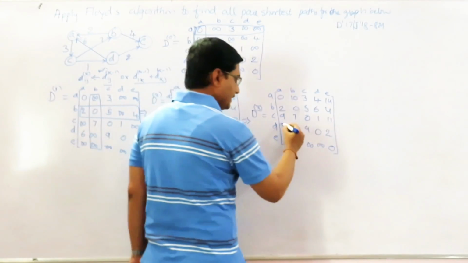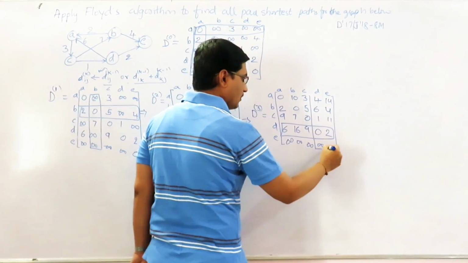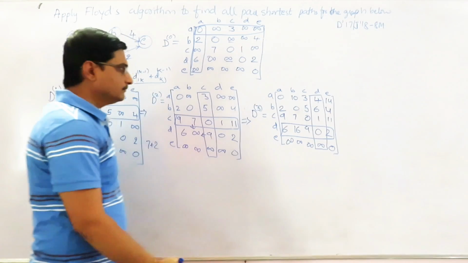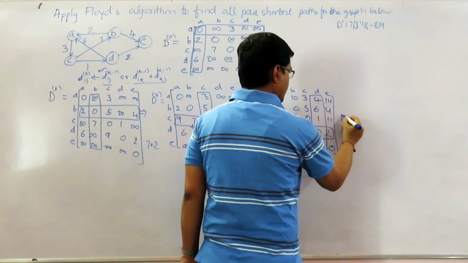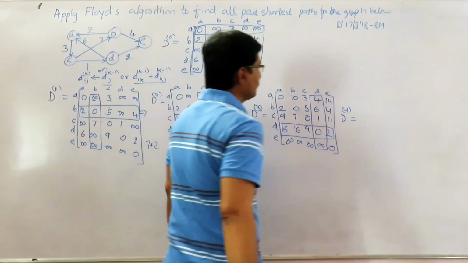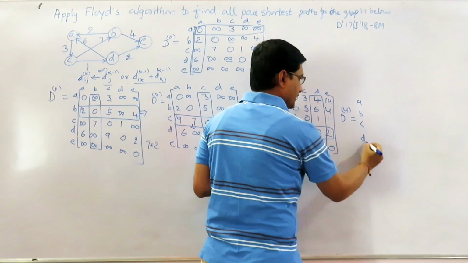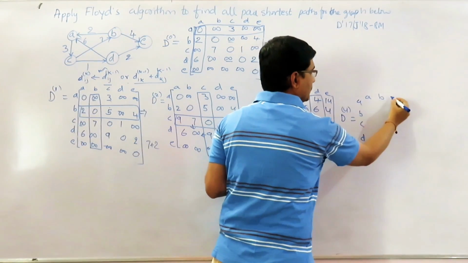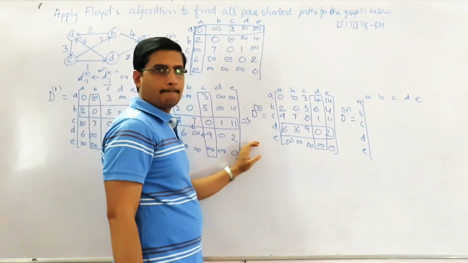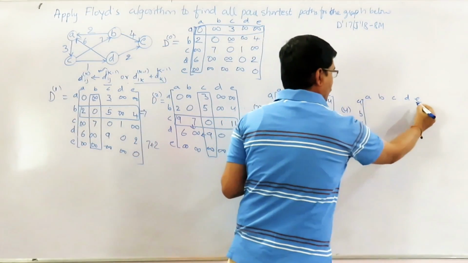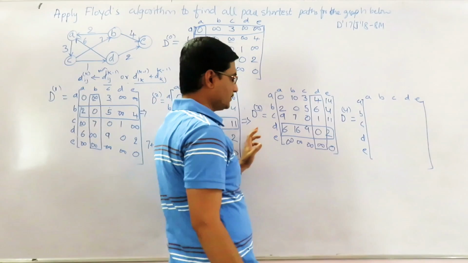Now we need to find D4 considering D3. We have to consider the fourth row and fourth column. A, B, C, D, E. The fourth row and fourth column are not going to change.